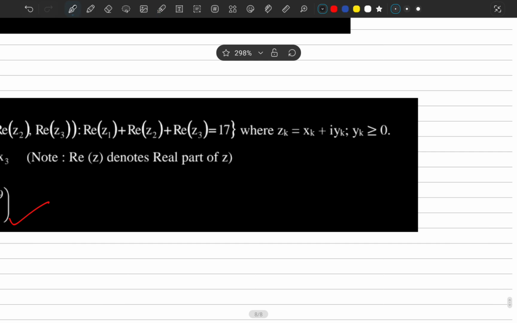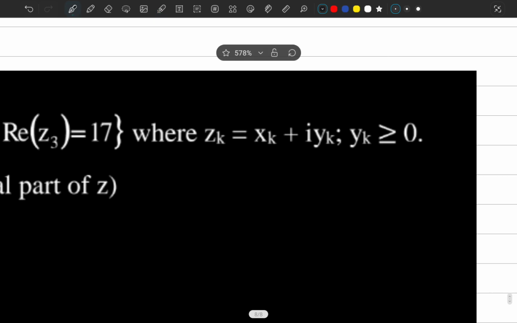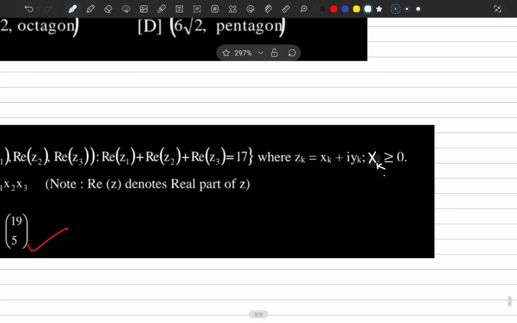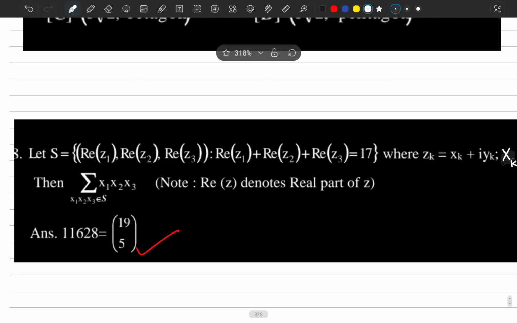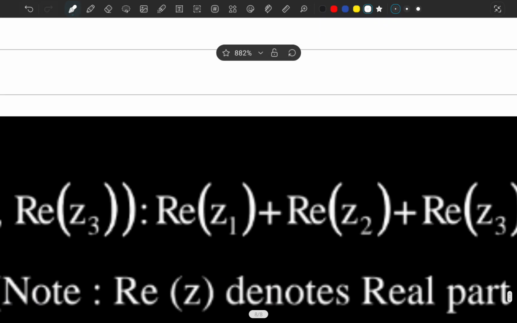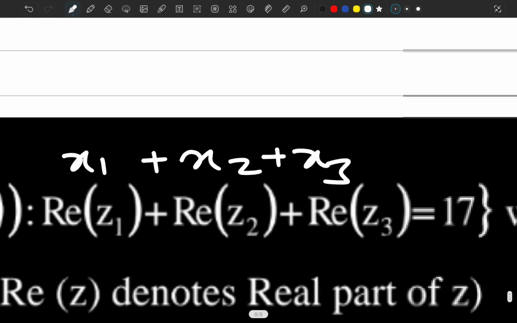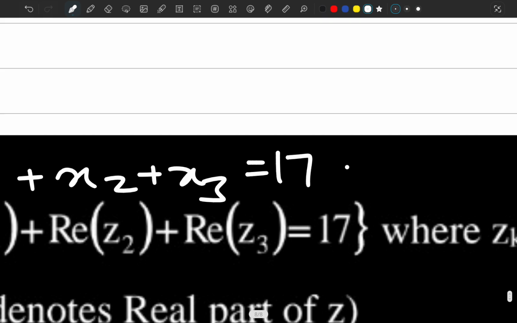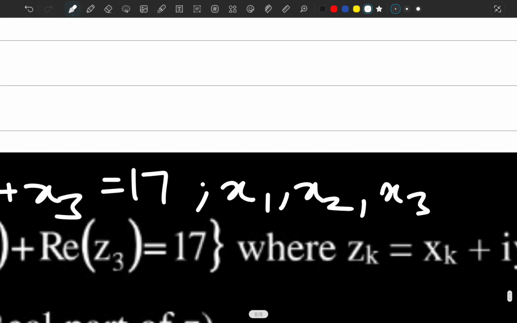One mistake in this problem: you have to see it is xk greater than or equal to 0, and yk does not make any difference in this problem, right? So this one is x1 plus x2 plus x3 equals 17, where x1, x2, x3 are greater than or equal to 0.